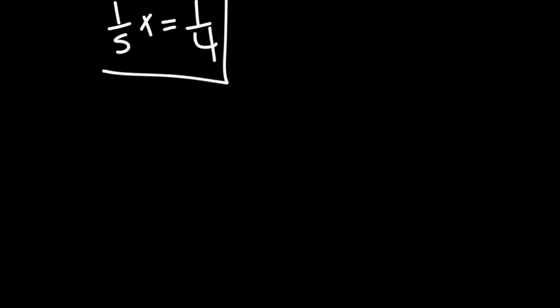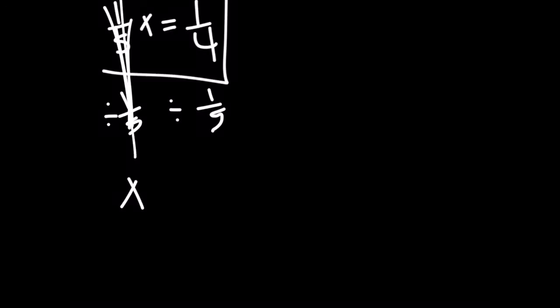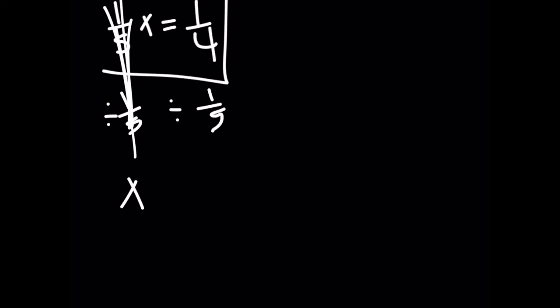You have to write divided by 1/5 on both sides of the problem. That cancels out. So the x you bring down, and then when you divide, you have to do this. You write 1/4 times 5/1.